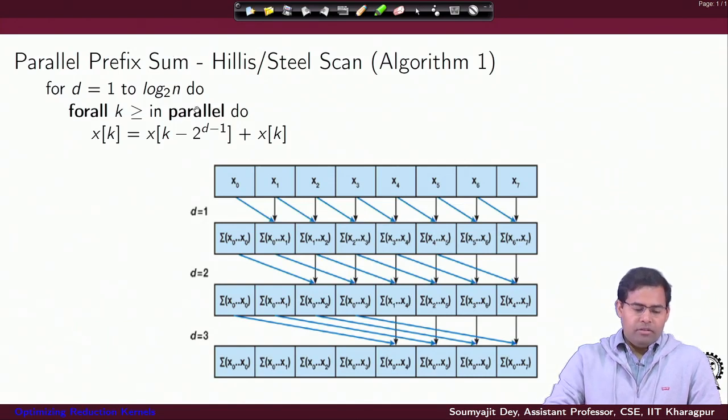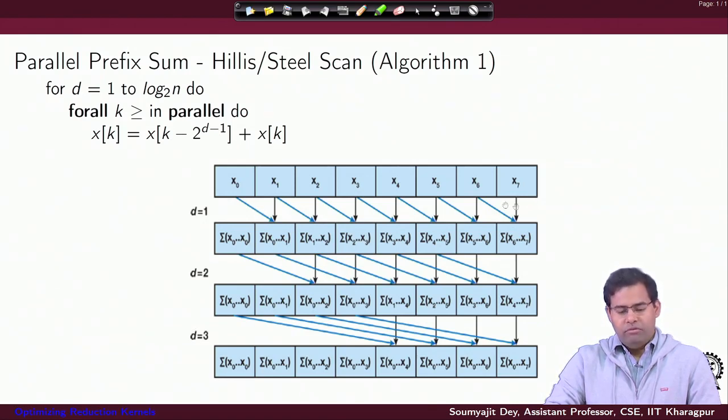Every kth value should be summing up its own value with x k minus 2 to the power d minus 1. So, d is the current stage value. As you can see, it is quite simple. Initially d equal to 1, so every thread should be summing up its location's value with the previous value, that is all. So, if d is 1, then x k minus 1 plus x k. So, this is what is going on.